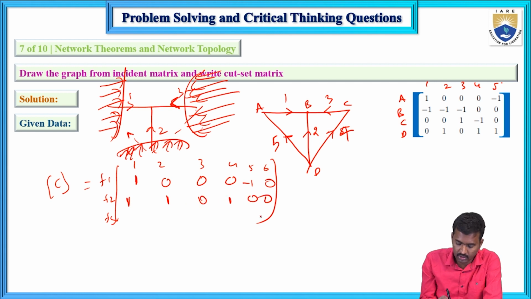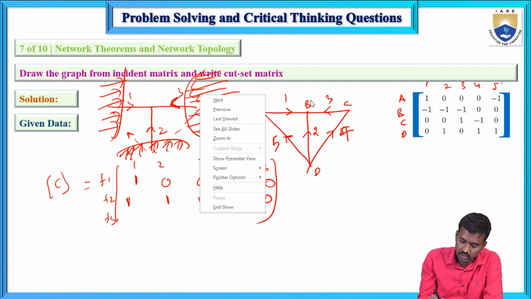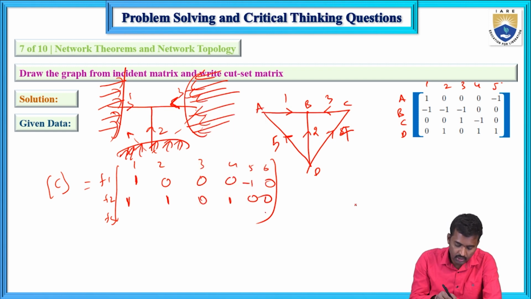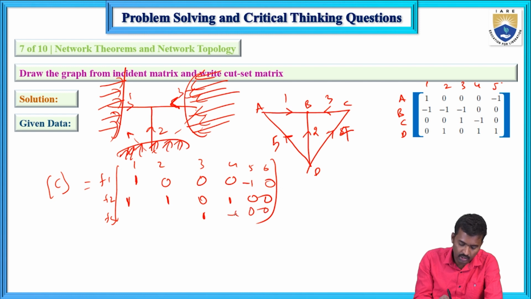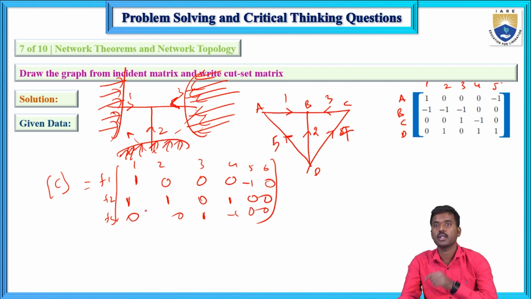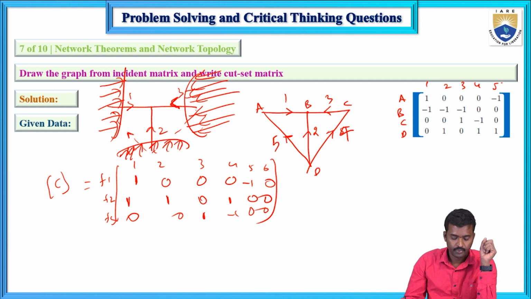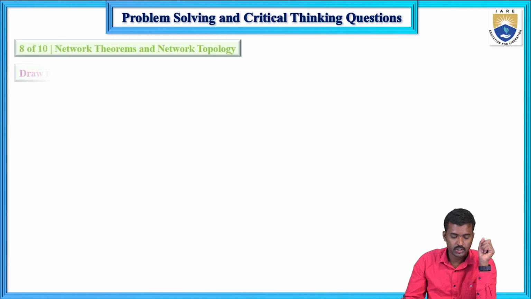And next, third is 1, and 2 and 4 are -1, remaining all are 0. This is the cut set matrix. If the cut set direction and branch direction are the same, that is +1, and if opposite direction, that is minus, and not associated means 0.